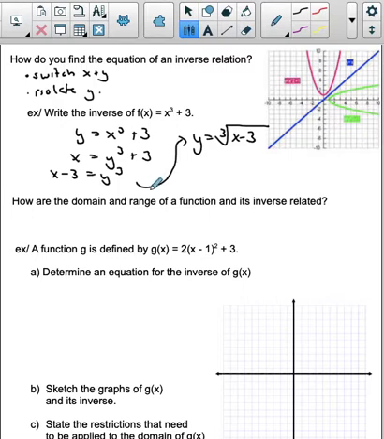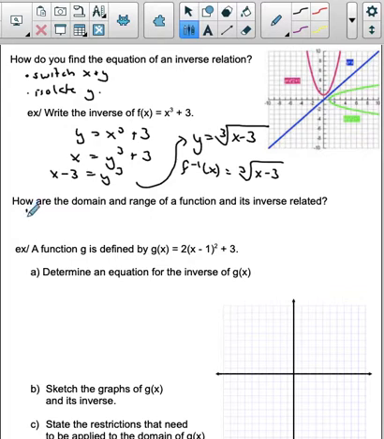If you had to draw it, you could. It's just the cubic function reflected over y equals x, so it's kind of like a sideways cubic function. When we're talking domain and range, again, work with the original function, because the domain of the original function is the range of the inverse function. Oh, I should finish with my notation here, sorry. Let's put f inverse in there so that we know what we found. Okay, so the domain and range basically just switch.